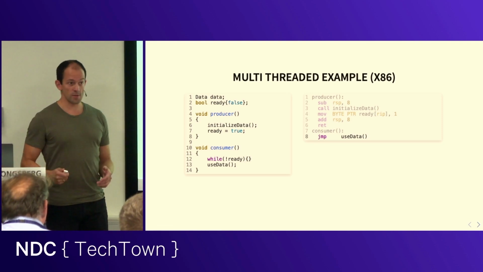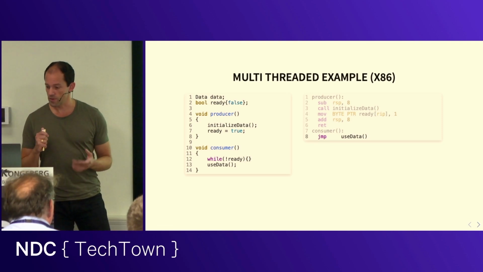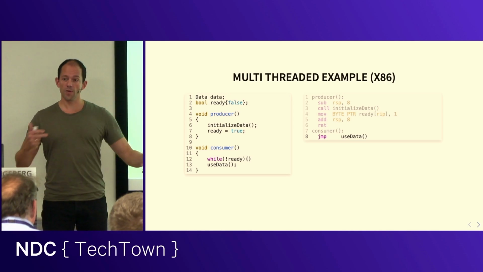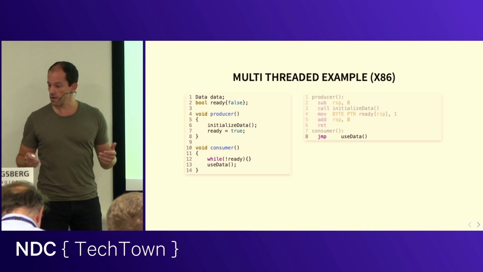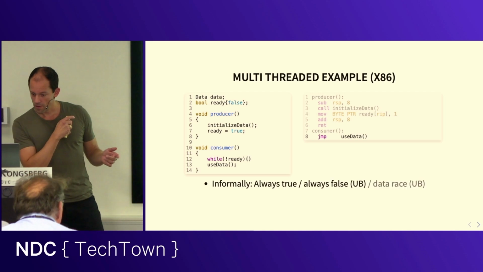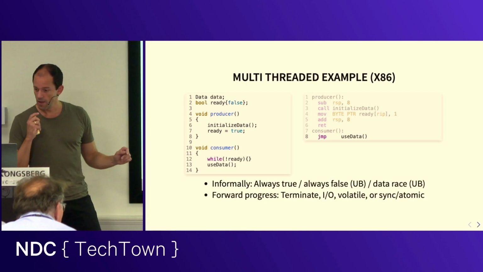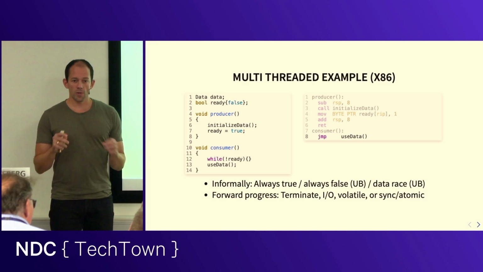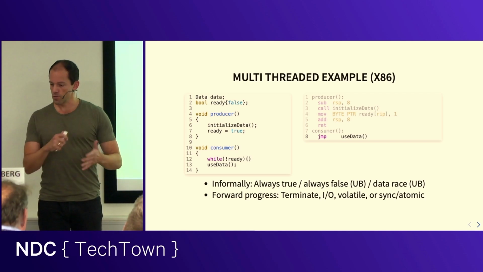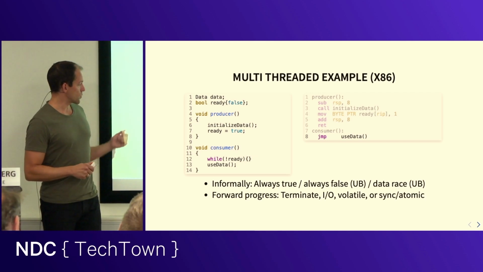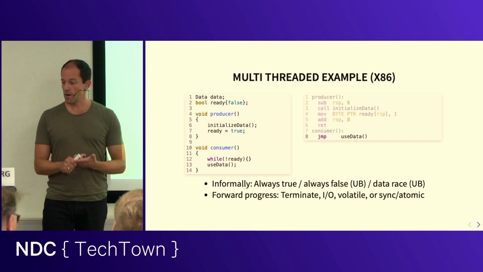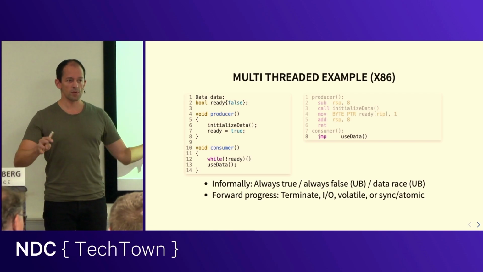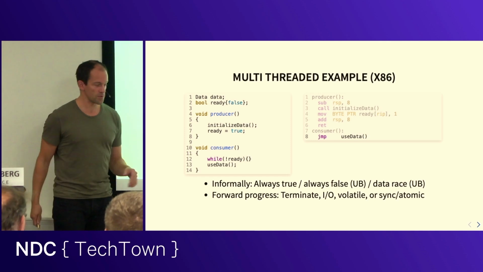The formal way to think about it is with something called forward progress. The implementation can assume that all threads will eventually take a step and do one of these things. So the thread will either terminate, do some I/O, access a volatile, or do some sort of synchronization or atomic kind of stuff.